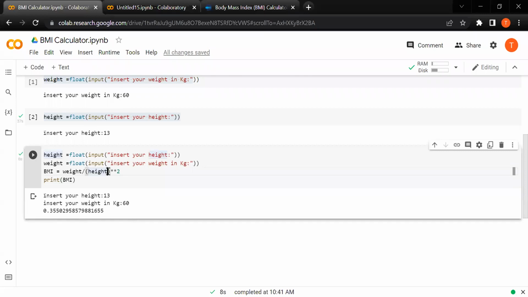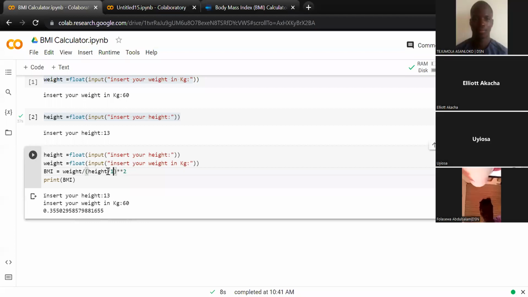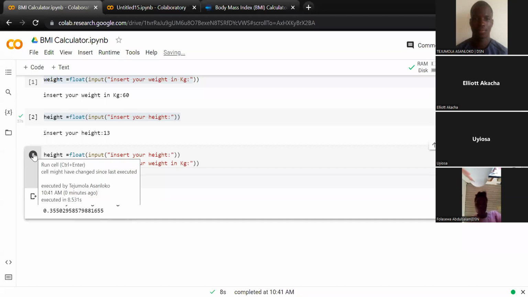No, let's just divide the height by 100 so that we convert it to the appropriate unit, because we are still going to be classifying it as either obese, not obese, normal or moderate. So let's divide by 100 so that we can have 35 instead of the 0.35 that we had.